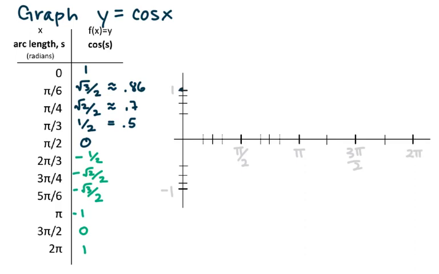In quadrant 1, we've got 0, 1, pi/6, about 0.9, pi/4, about 0.7, pi/3, about 0.5, pi/2, 0. Continuing down, 2 pi/3, we've got -1/2, then -0.7 at 3 pi/4, negative √3/2 at 5 pi/6, and then over here we're down at -1.